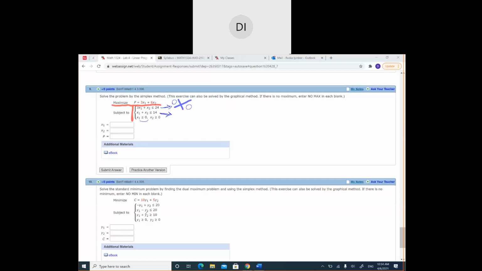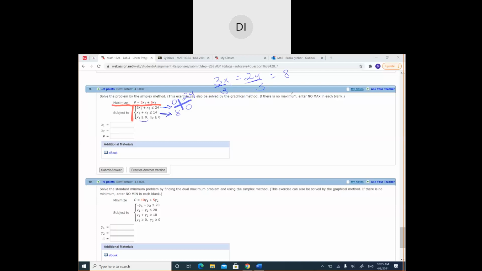Okay, so when x1 is 0, the second one is going to be 24. And then when the second, y2, is 0, we have 3x1 equals 24. Going to divide by 3 both sides, and it's going to be 8. 24 divided by 3 is 8. So the points are 8, 0 and 0, 24.